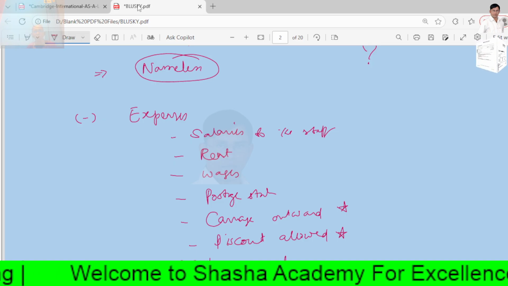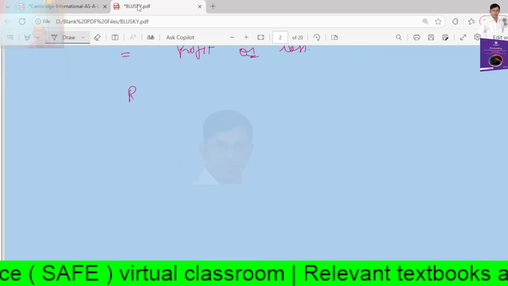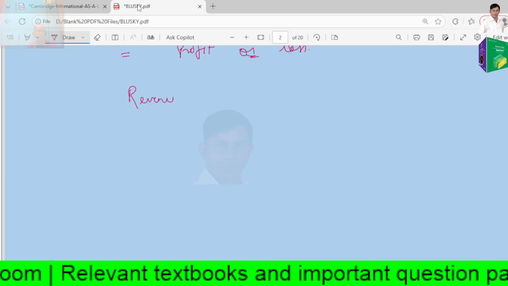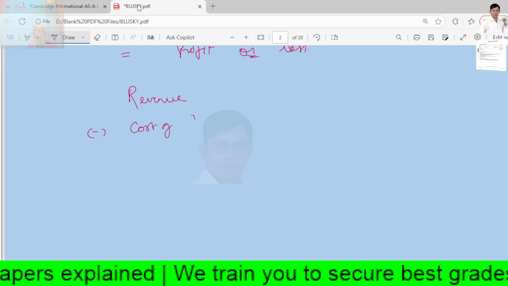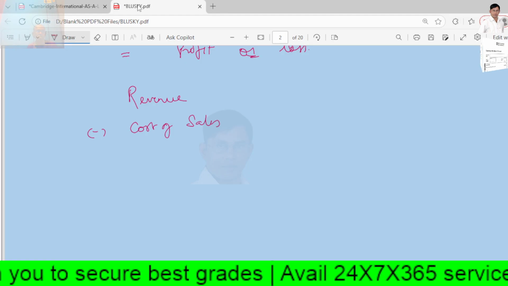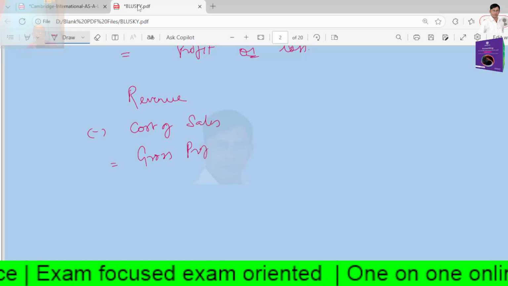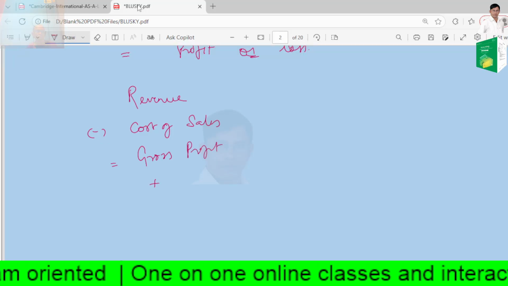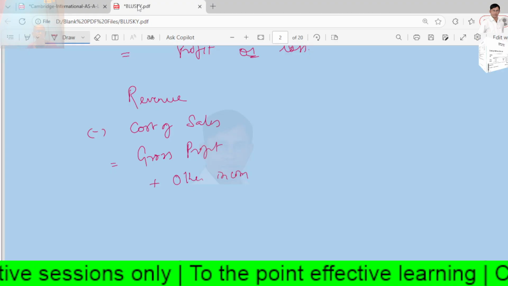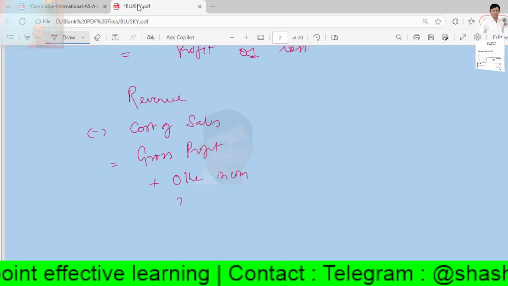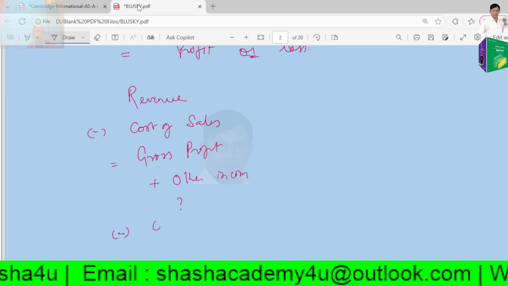So what are the steps? Let us revise once again. Revenue, that is net revenue, minus cost of sales will give you gross profit. To that we need to add other income. That will give one figure. From that we need to subtract expenses.